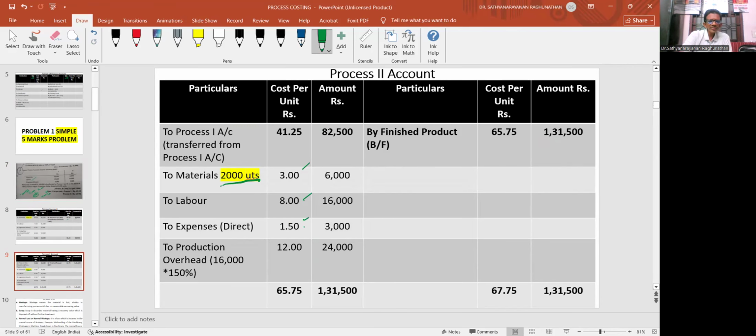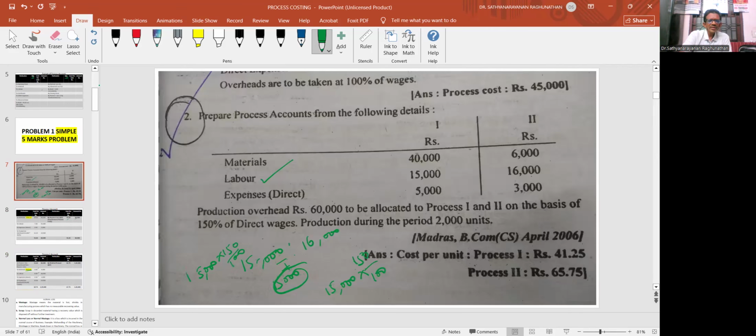And then finally, for the production overhead, 60,000 to be allocated to process 1 and 2 on the basis of 150% of direct wages. For labor, they have given 16,000.